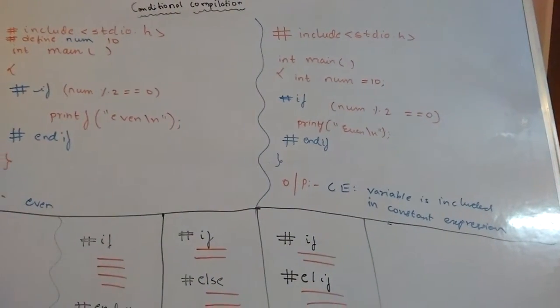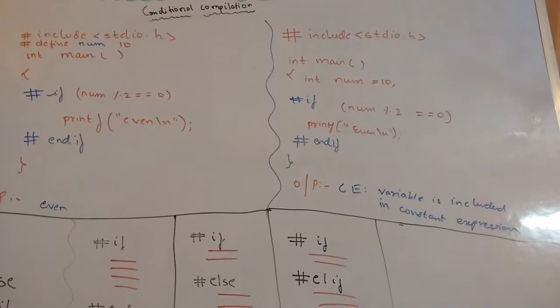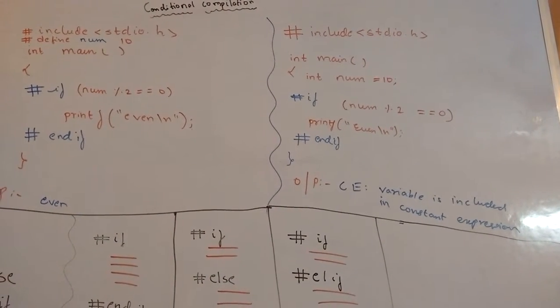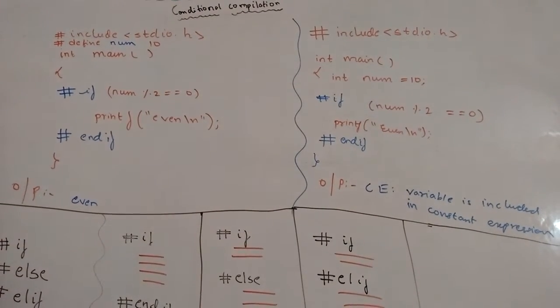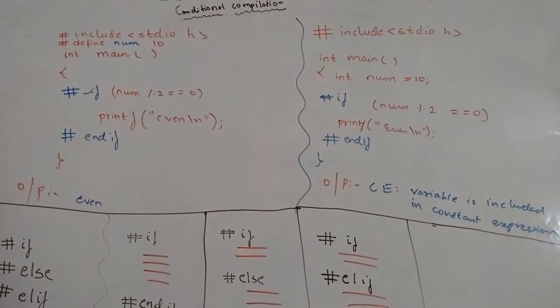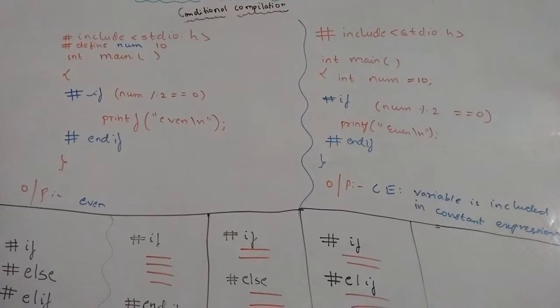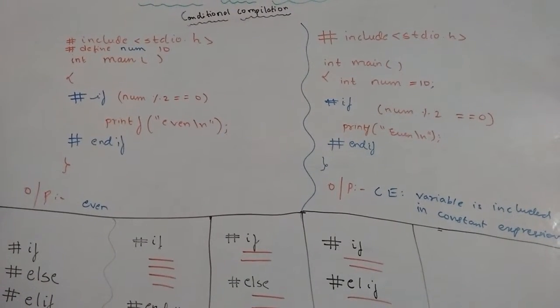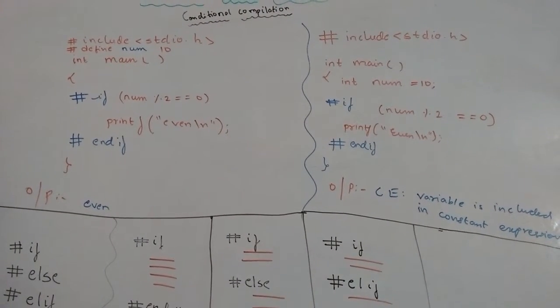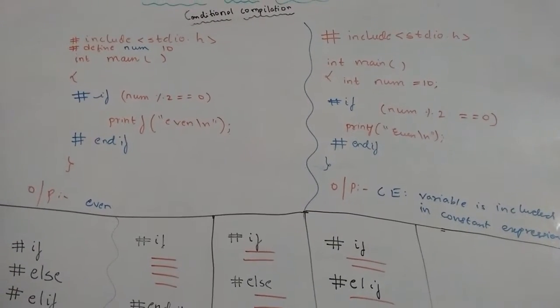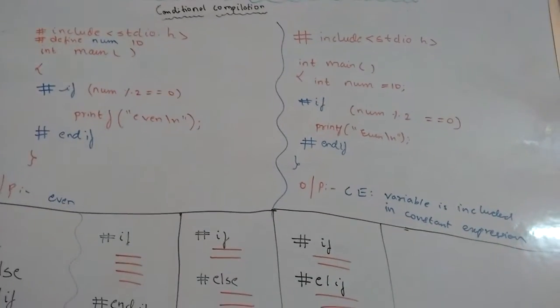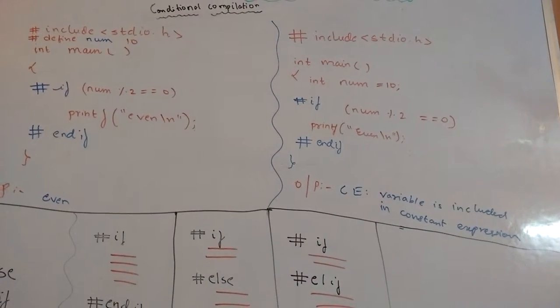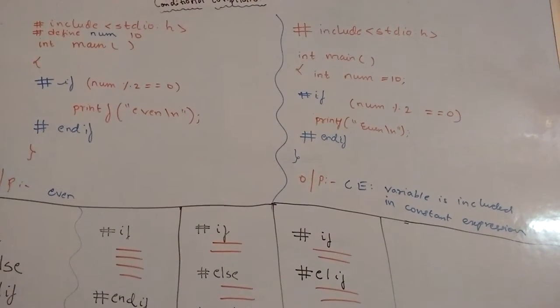Now the second program. Notice that in the first program, num is a constant. In other words, you can't change num to 11 or any other value. Num is always 10 throughout the program. However, in the second program, I'll just read it out once.